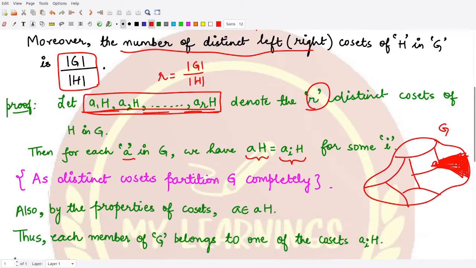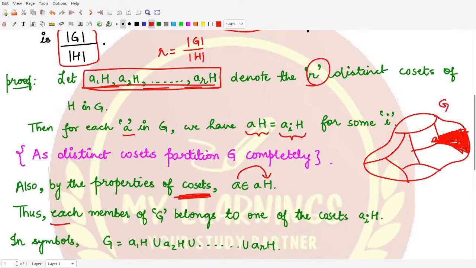So according to the properties of cosets that we have studied, the element A is present in the coset AH. So each member of the group G belongs to one of the cosets AiH, because if you select any element from the group, it would definitely be a member of one of the cosets. That is what we are saying here mathematically.